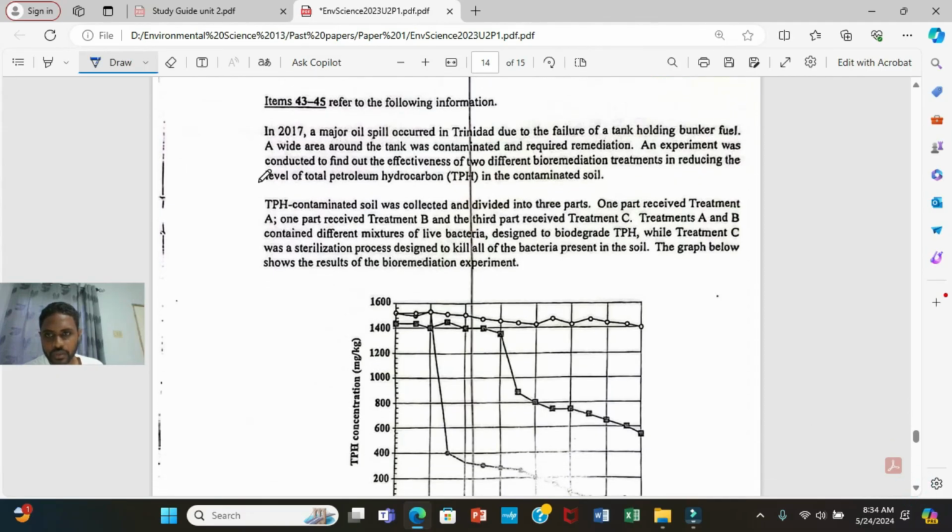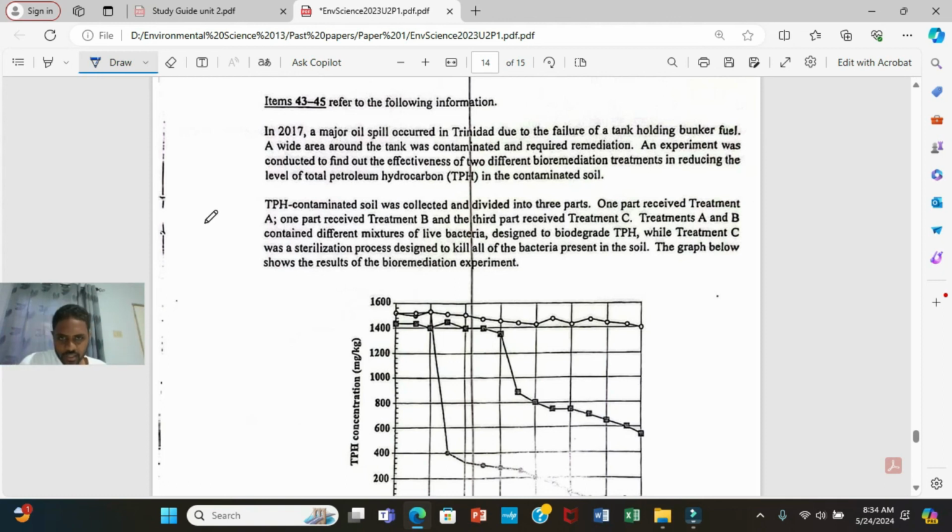43. In 2017, a major oil spill occurred in Trinidad due to a failure of a tank holding bunker fuel. A wide area around the tank was contaminated and required remediation. An experiment was conducted to find out the effectiveness of 2 different bioremediation treatments in reducing the level of total petroleum hydrocarbon in the contaminated soil.